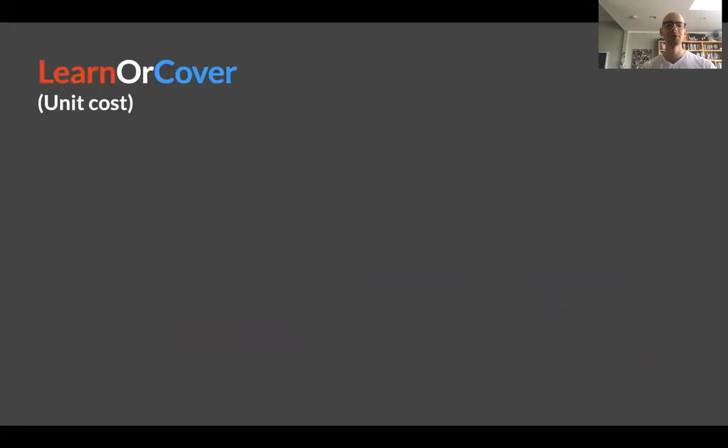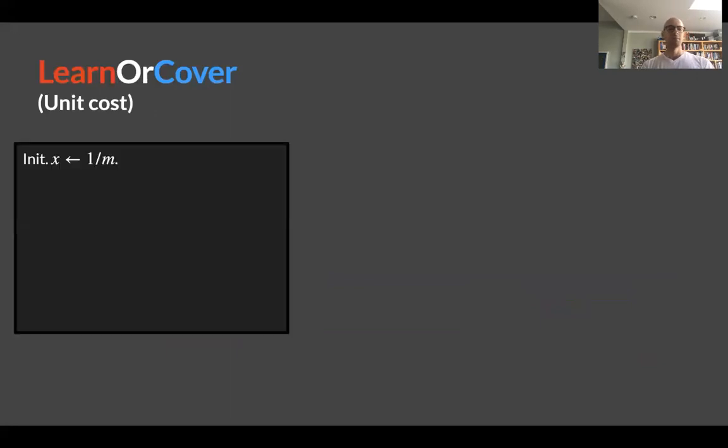So the polynomial time version of our algorithm, at least the unit cost version, is doing something very similar. Instead of enumerating all possible solutions, it directly maintains a distribution, which I'm calling X. X is a distribution over sets.